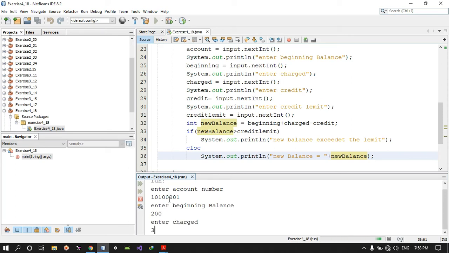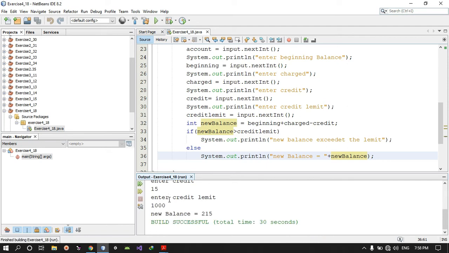Enter the charge 30. Now credit is 15. Enter the credit limits. Limit is 10,000. New balance is equals to 215.